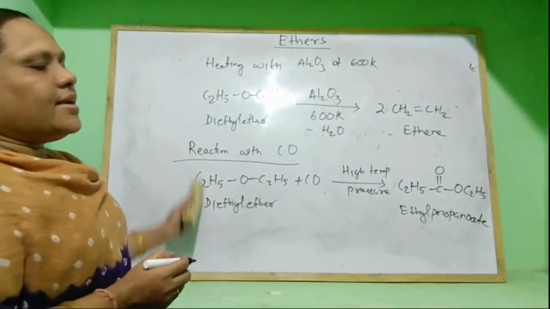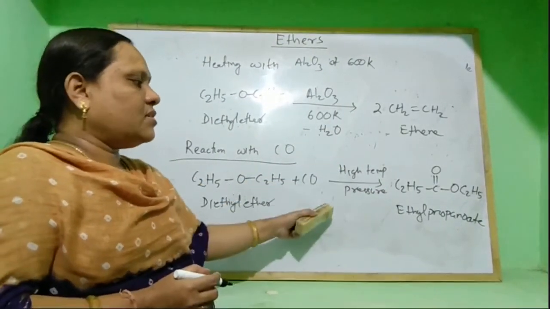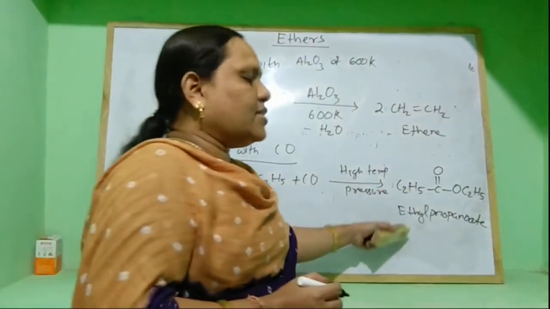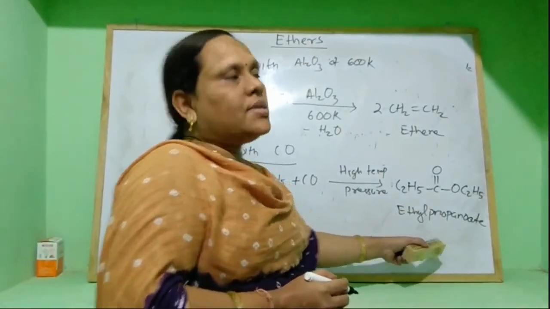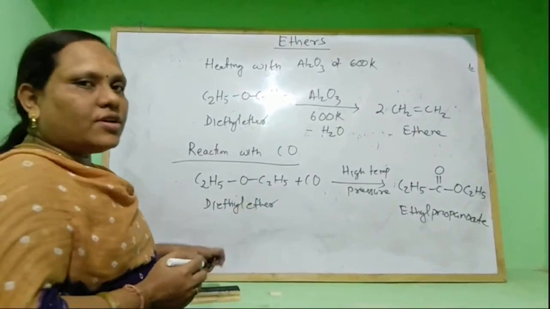So when diethyl ether is treated with carbon monoxide at high temperature and pressure, it forms ethyl propanoate. So these are the reactions where cleavage of C-O bond takes place.